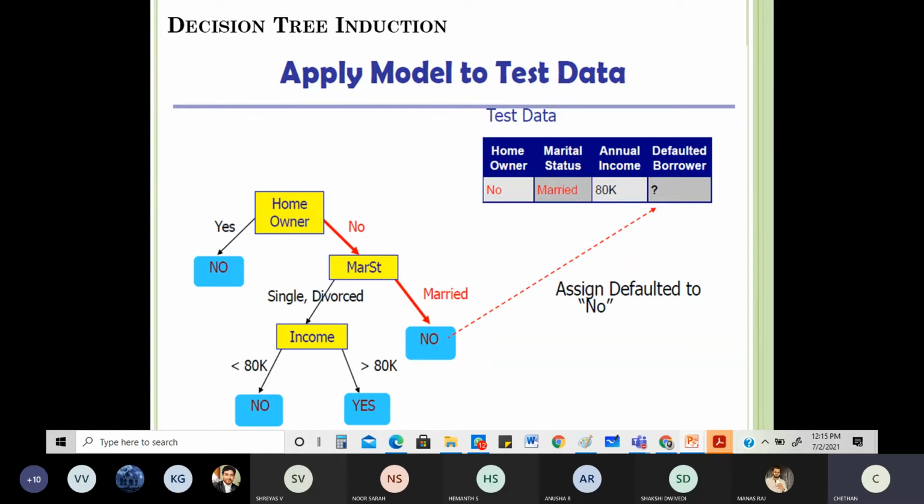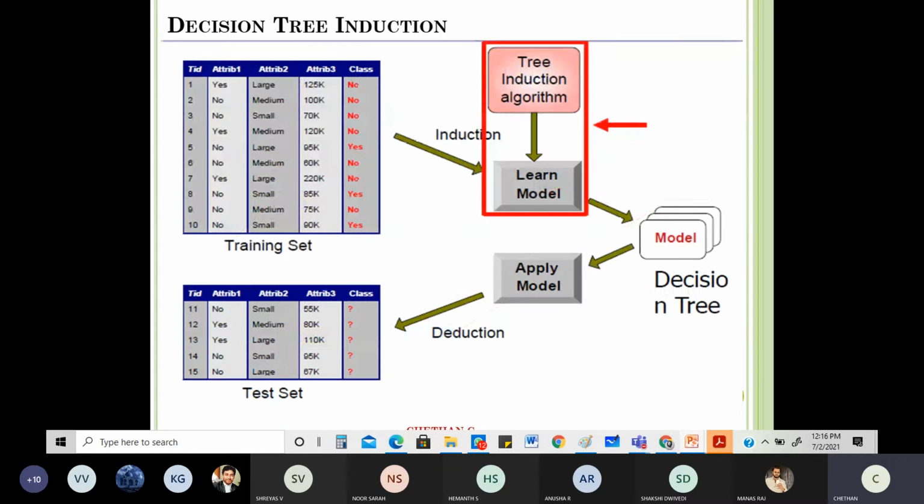What is a defaulted borrower? A person who takes the loan but will not repay. You may think of this as a very fancy word, but it simply means people who take the loan but will not repay. Defaulted means he's not able to pay it. Borrower is someone who took the money. So this is what you get. And what is a way of modeling this?